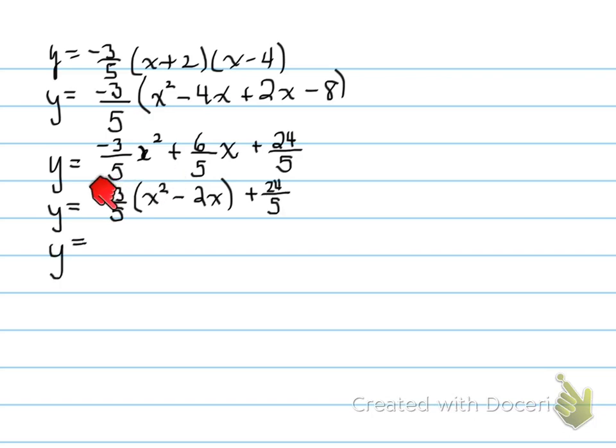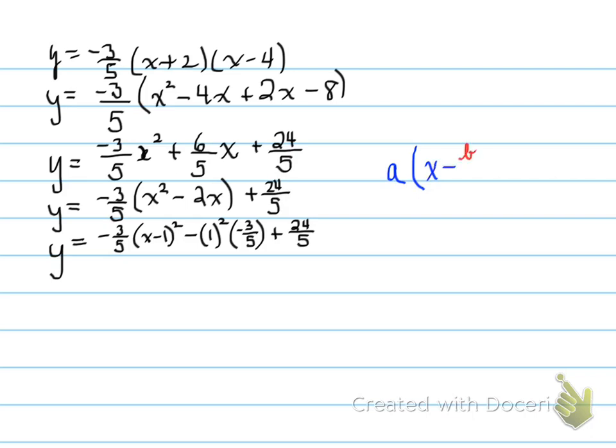Next step, we need to take this number and divide it by 2. So we have x minus 1 all squared minus 1 squared times -3/5 plus 24/5.